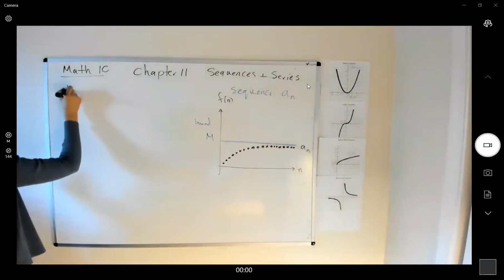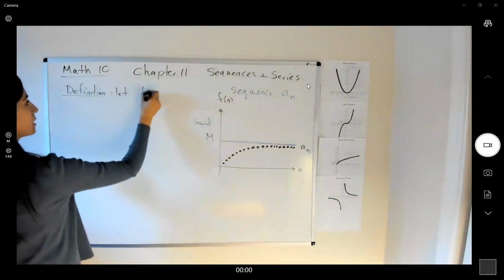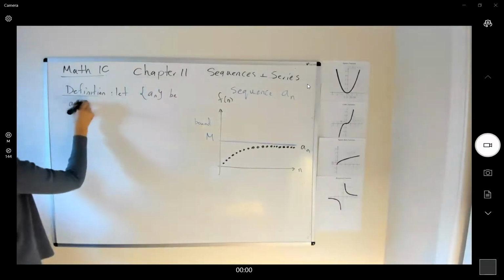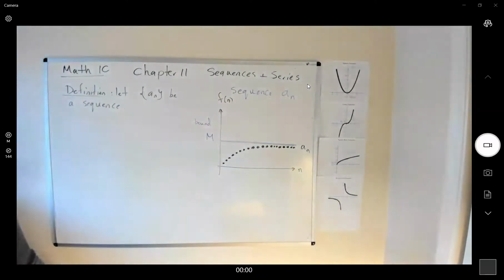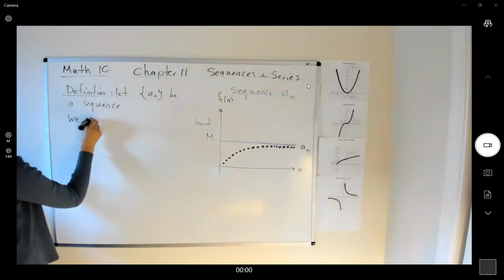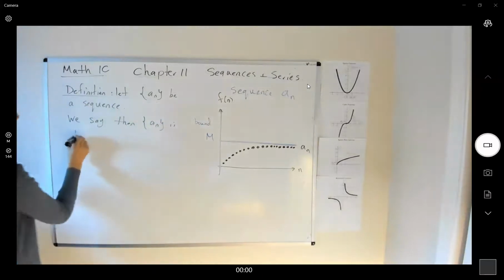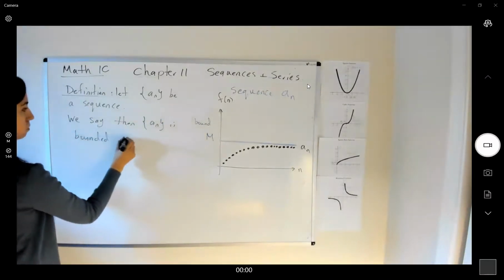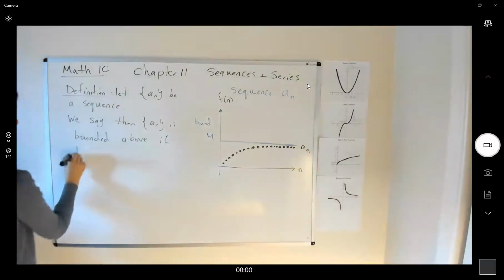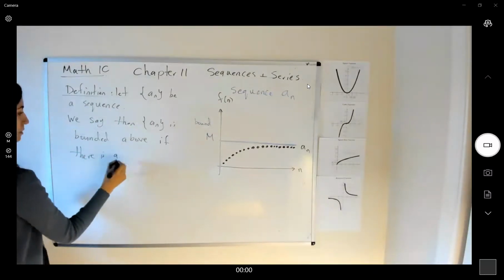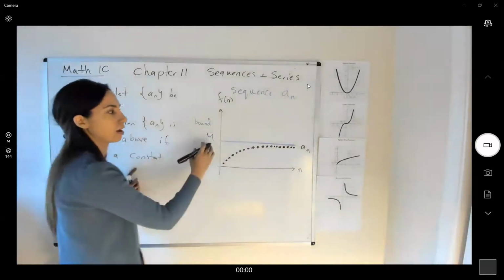Definition. Let a sub n be a sequence. So here you have a sequence, and we say that sequence a sub n is bounded above if there is a constant. When we're talking about a constant, we're talking about a constant function.